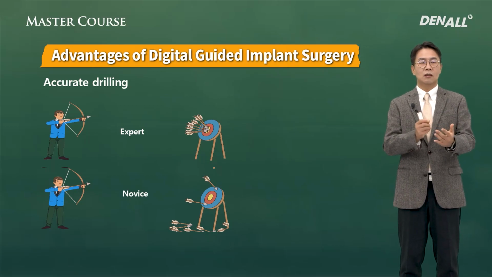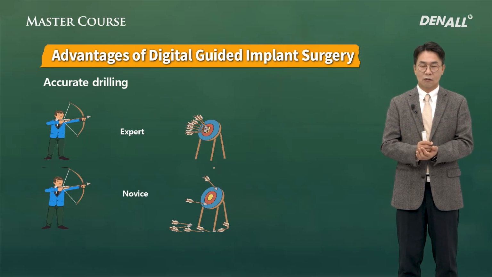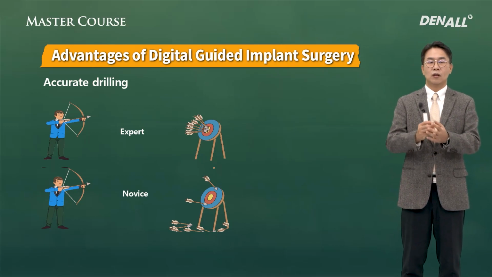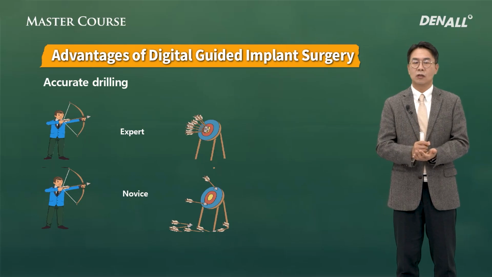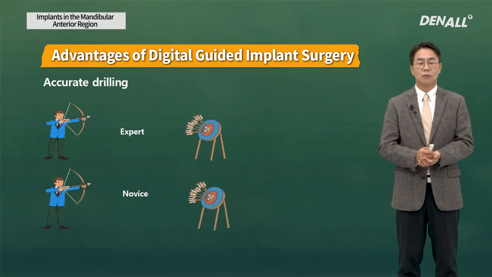However, the mistakes can be minimized. For example, an excellent archer can hit the targets 10 out of 10, but an unexperienced archer has a low probability of hitting the target, a big difference between them. However, if you use a certain instrument, a beginner in archery can hit the target accurately.